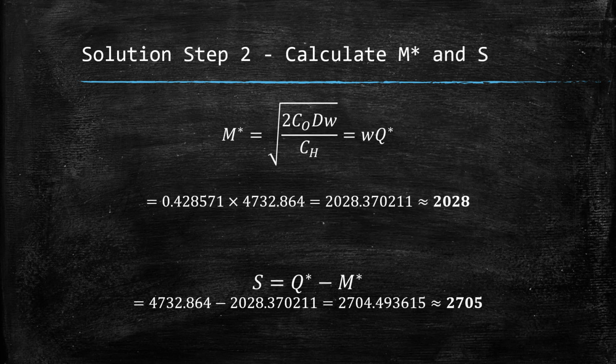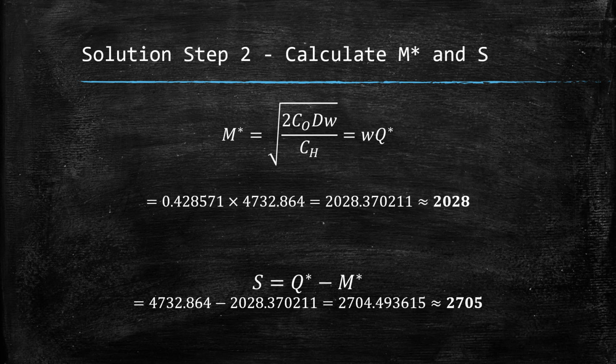Next, we need to determine the maximum stock level M star and the shortage quantity S. For M star, it is the product of W and Q star. It is equal to 2028.37. So the maximum stock level we will reach after ordering is approximately 2028 units.